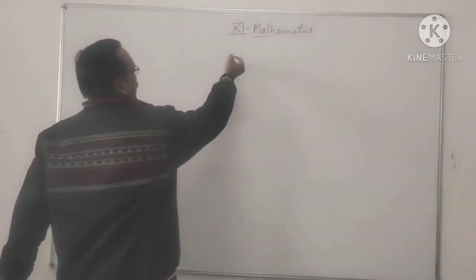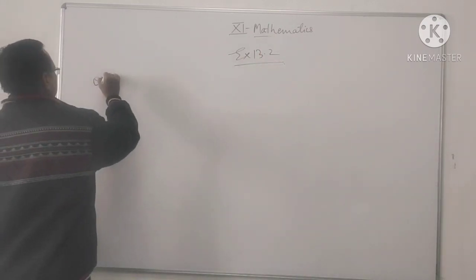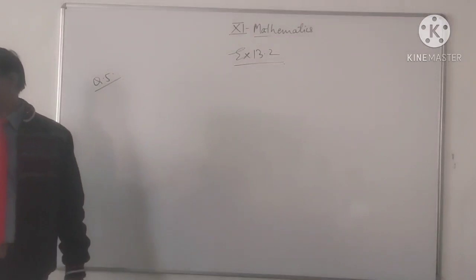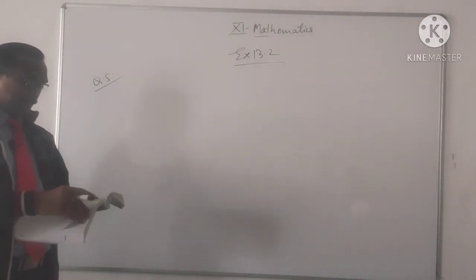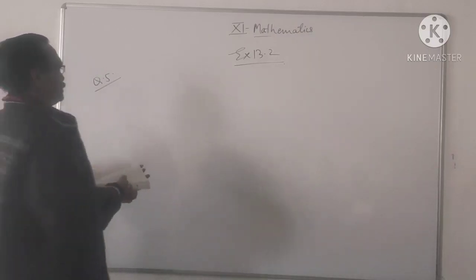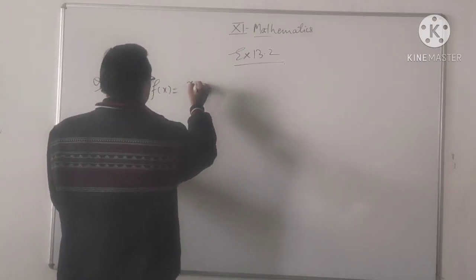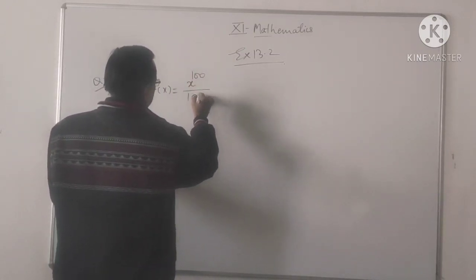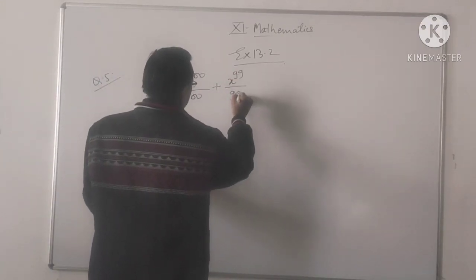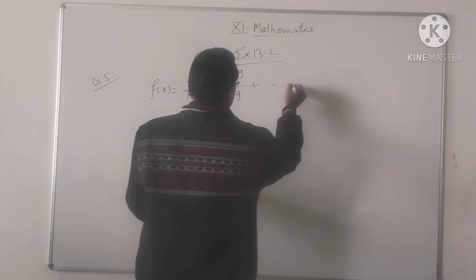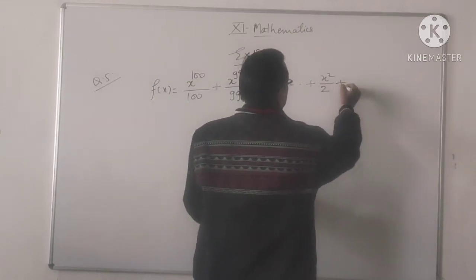Student, now exercise 13.2, question number 5. Here the given function is fx is x power 100 upon 100 plus x power 99 upon 99 plus and so on plus x square upon 2 plus x plus 1.